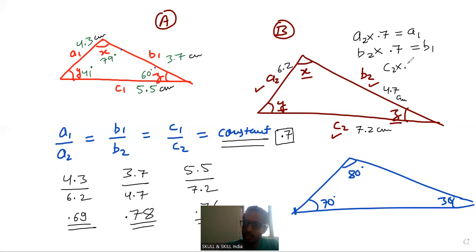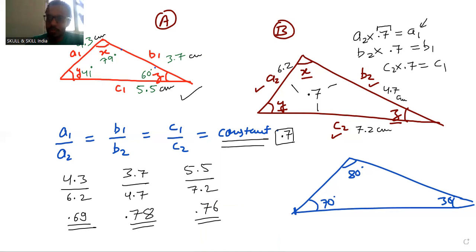C2 times 0.7 is going to give you C1. So this is the zooming factor. If you zoom in 0.7 times all its sides, you will get this triangle, right? Isn't that what it means? Yes, it does.